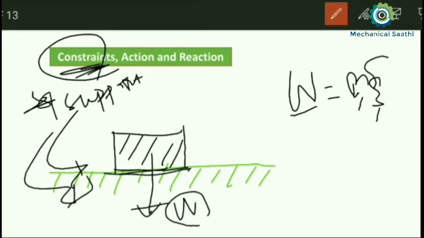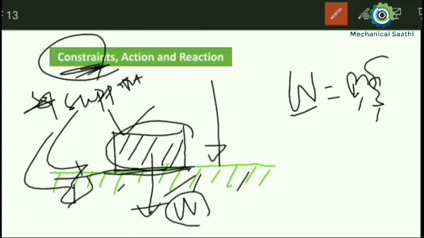Here it is resisting the motion of this body. If this fixed body were not there, then this body may move down. So it is decreasing the degree of freedom of the body.